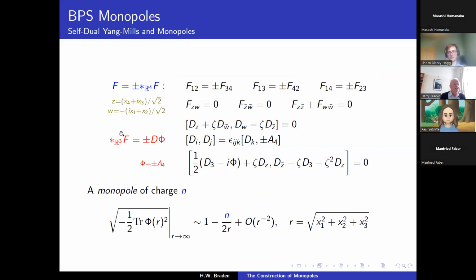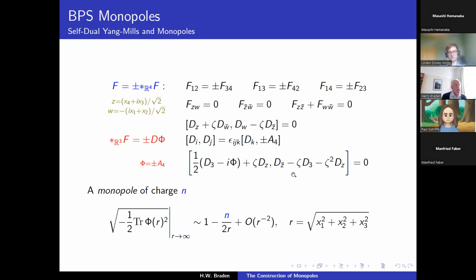What are the equations that we have? Well, we have the self-duality equations, which I've written out here just for concreteness, and I show you that they can be written as a zero curvature condition. And at this stage, psi is just a spectral parameter used to separate the equations. It has no geometric significance, though we'll see such in due course.